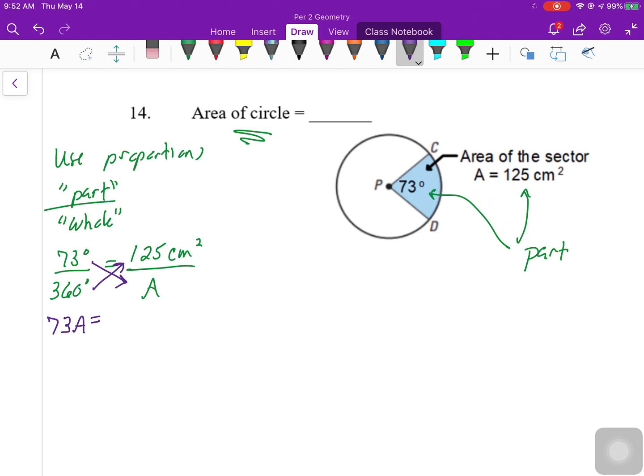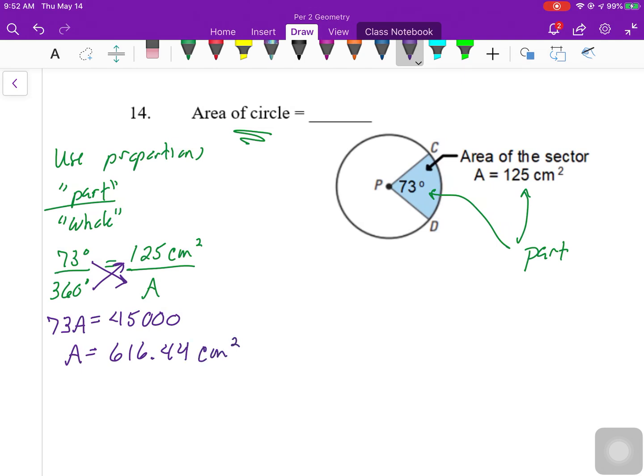The rest of it involves carrying out the algebra, which is cross-multiplying. 73 times A is 73A. 360 times 125 is 45,000. We divide by 73.